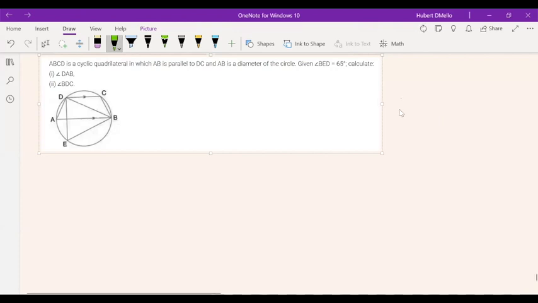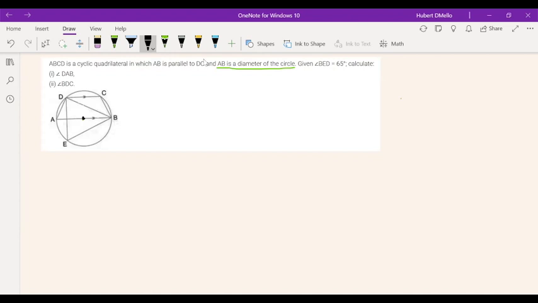ABCD is a cyclic quadrilateral in which AB is parallel to DC and AB is the diameter of the circle. That's given to us, and that's a very important fact. AB is a diameter, so this is the center. Given angle BED is 65 degrees, calculate DAB.